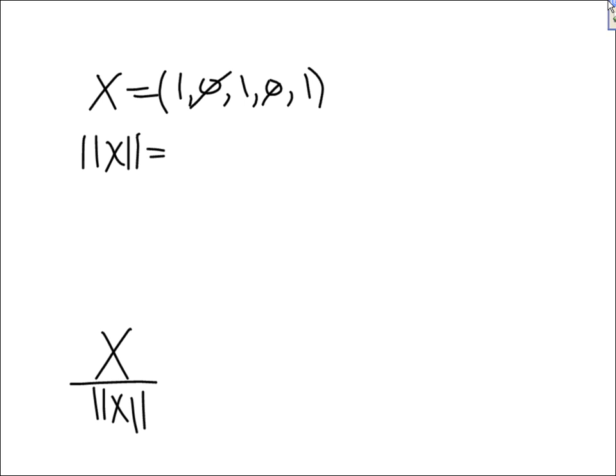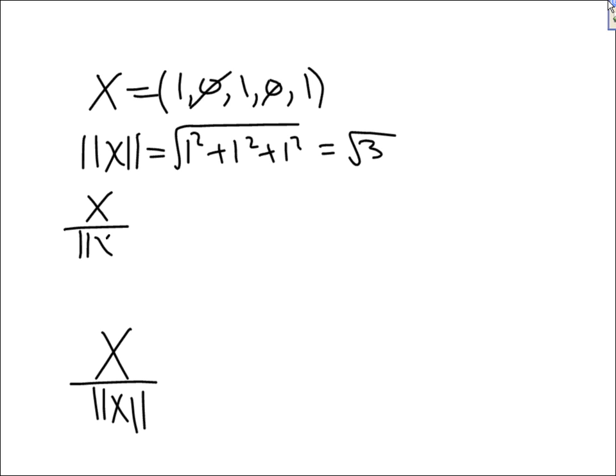Again, squaring zeros don't do anything. You have 1 squared plus 1 squared plus 1 squared. That's 3. The square root of 3. I'm done. X divided by the length of x. You take each value of x, there's 5 of them, and you divide it by square root of 3.